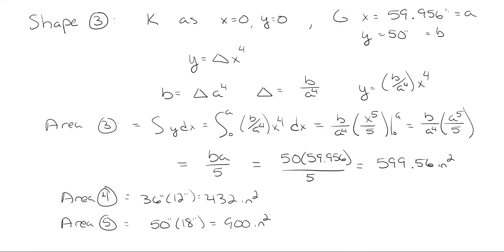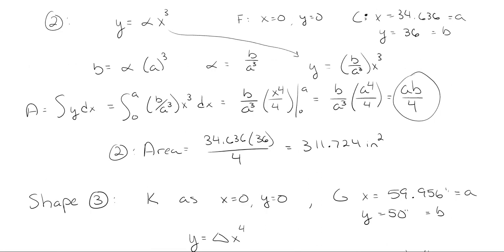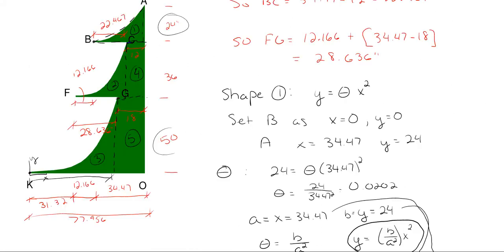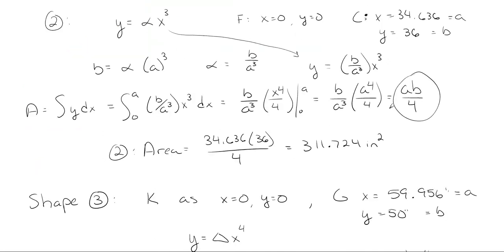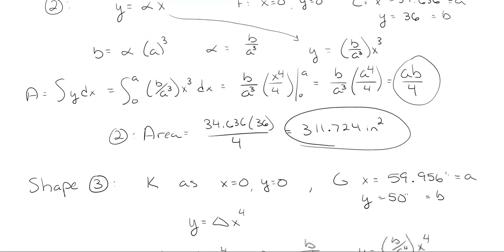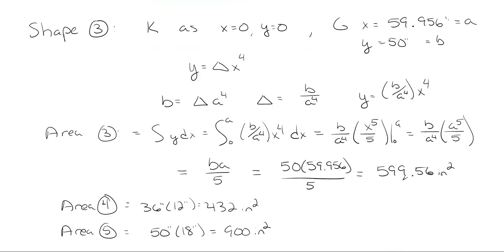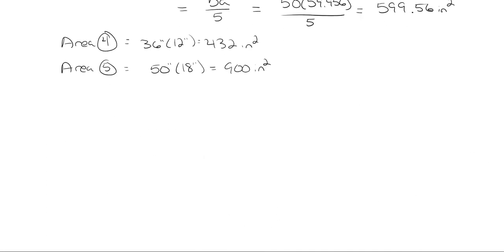So let's add all our areas together. Shape number 1 is on page number 2. A lot of pages here. So this would be my first one, which is 275.76. I'm going to add that with my second one of 311.724, and then add that with my remaining 3 of 599.56, 432, and 900. Now we'll multiply that by 2.